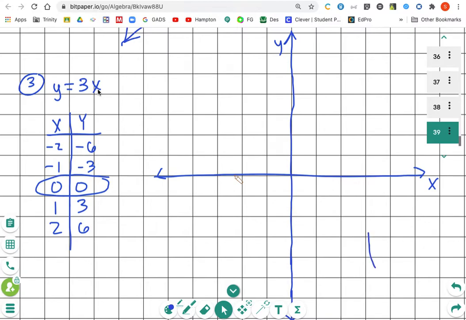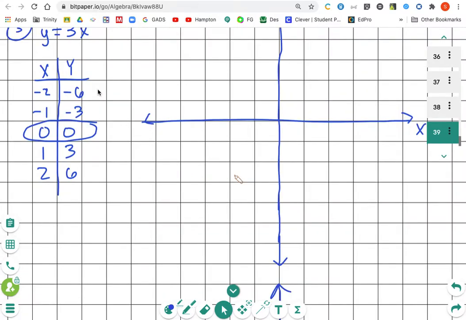All right, so let's go ahead and graph. -2, -6. -1, -3. 0, 0. 1, 3.